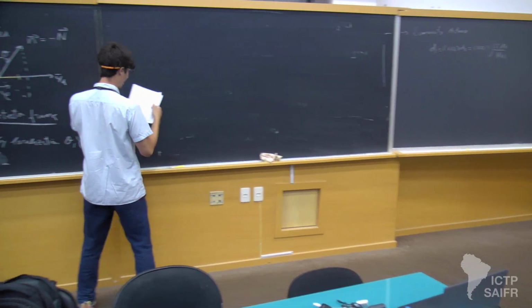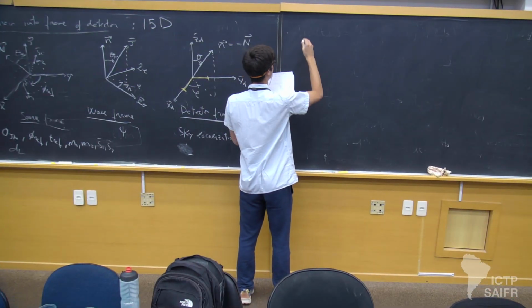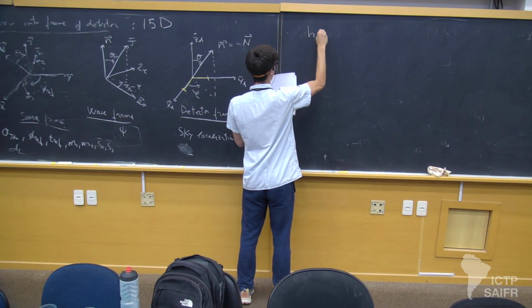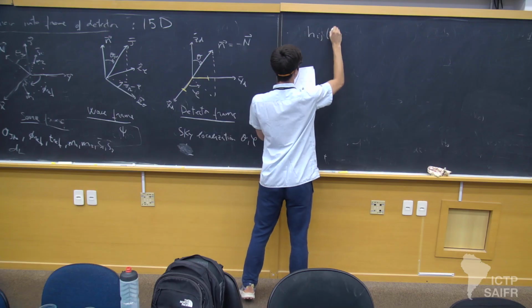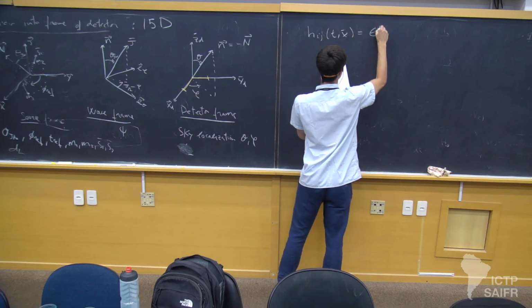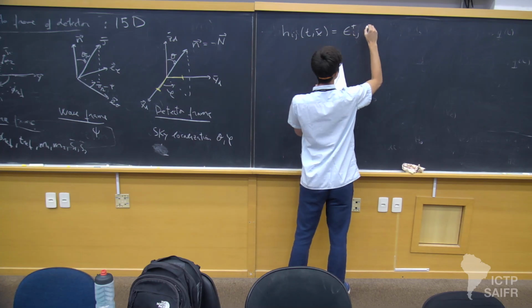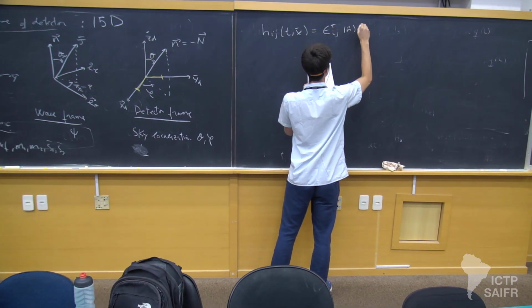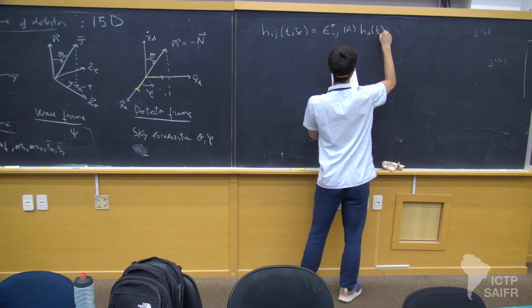So we have seen that our gravitational wave is a sum of the two polarizations, H plus and H cross.